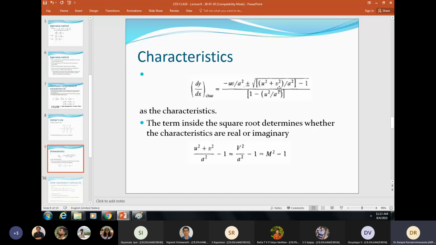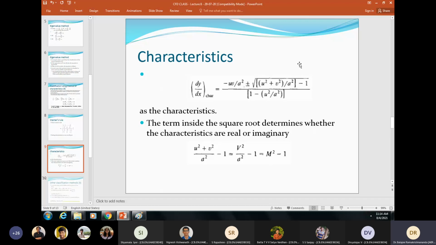So we say no solutions exist for this dy by dx. In other words, for subsonic flow, when Mach number is less than 1, there are no real characteristics. So the concept of characteristic does not have a meaning in subsonic flow.